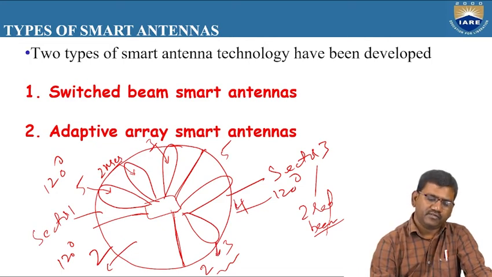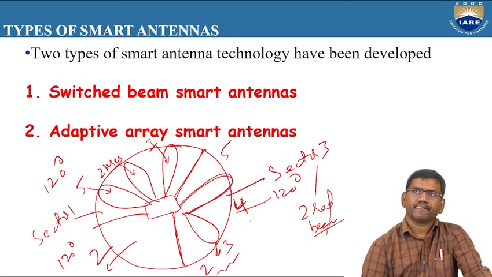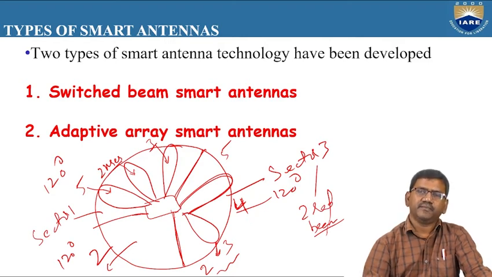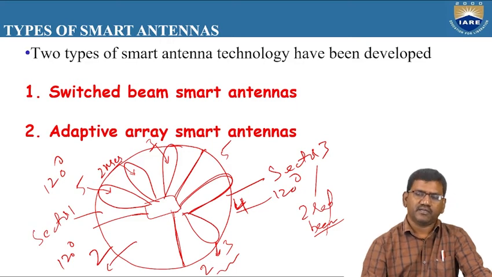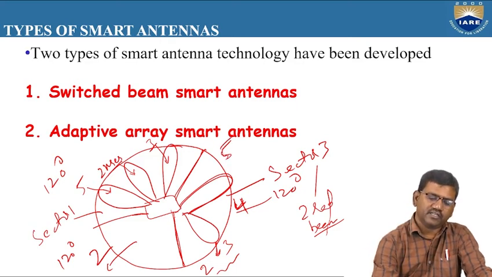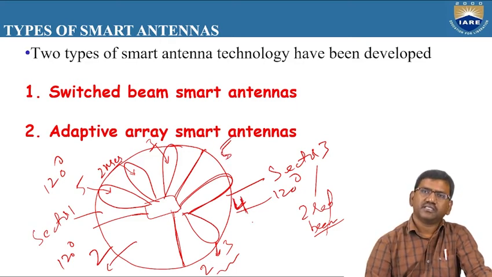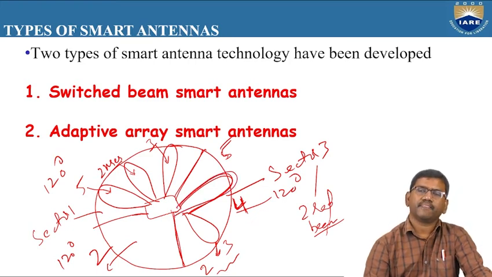Similarly, if there are 4 users here, this radiation beam can be effectively utilized by these 4 users only. Whichever beam is very near, that beam is effectively utilized by the nearest users. That means here there are 5 users and 4 users, and these 5 and 4 users collectively can use only this radiation beam.